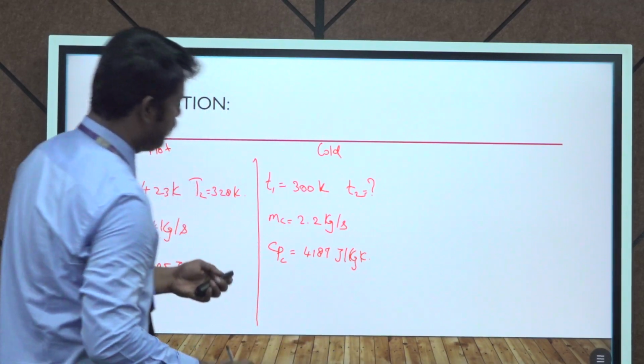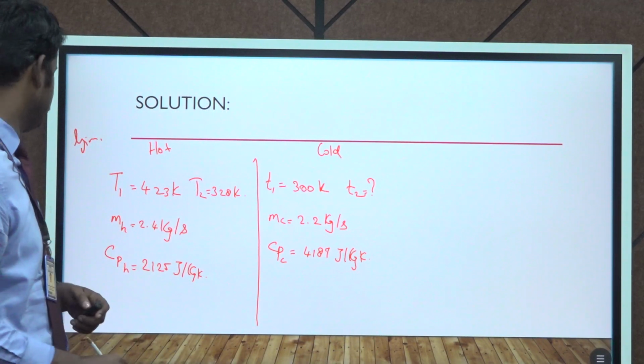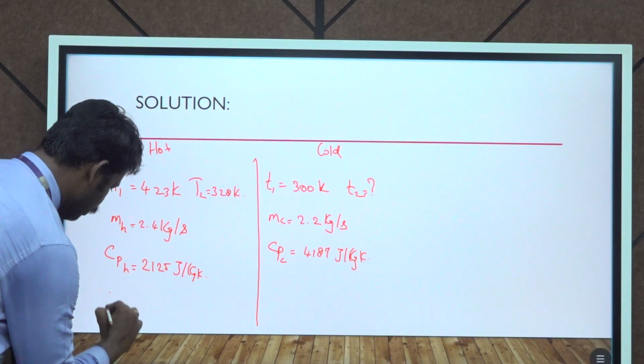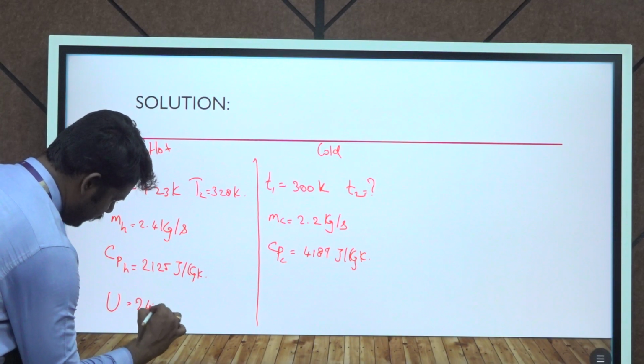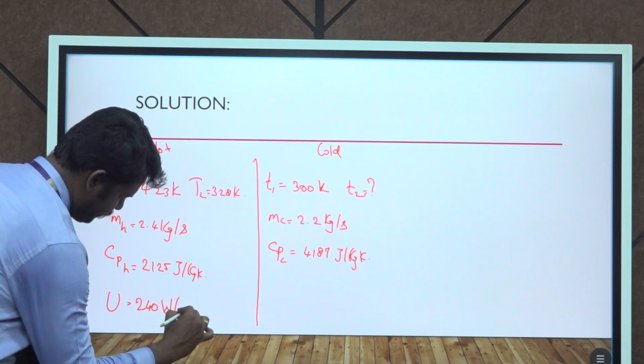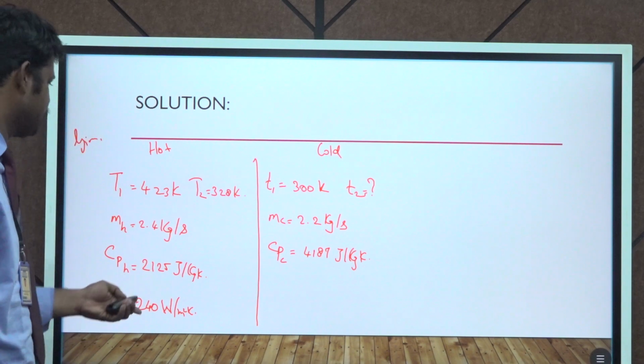These values we will be remembering. So these are the given values. And one more thing, the U value, that is the overall heat transfer coefficient, is 240 watt per meter square Kelvin. This is what is given as the U value.